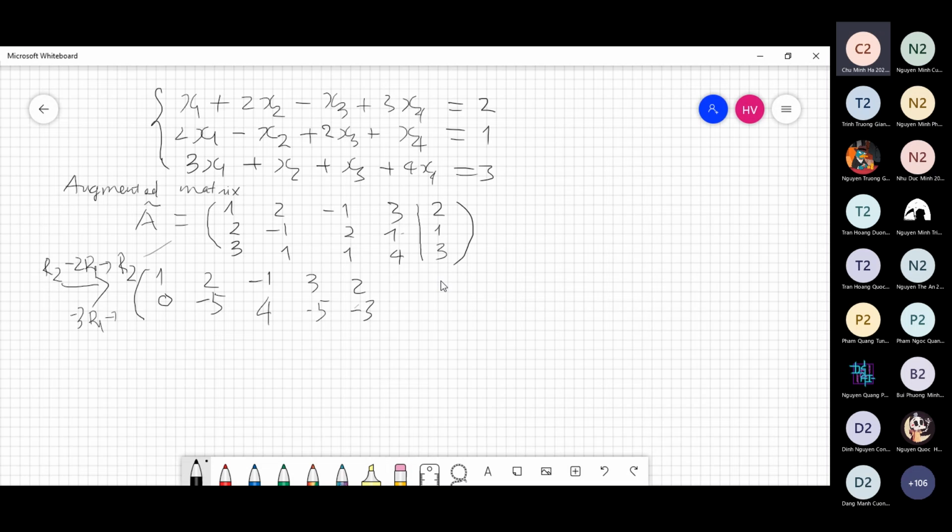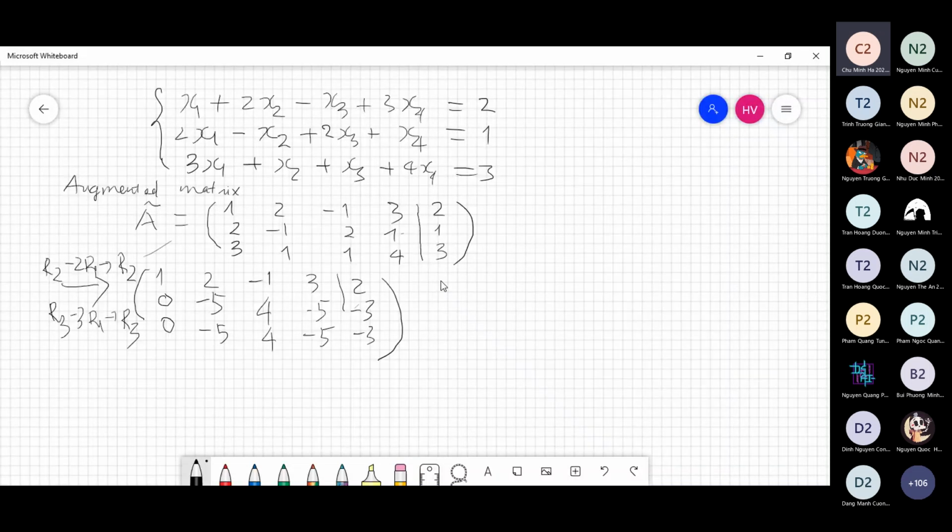Row 3 minus 3 row 1 replacing row 3. Now you obtain 0 here. 1 minus 6 is minus 5. 1 plus 3 is 4. 4 minus 9 is minus 5. 3 minus 6 is minus 3.